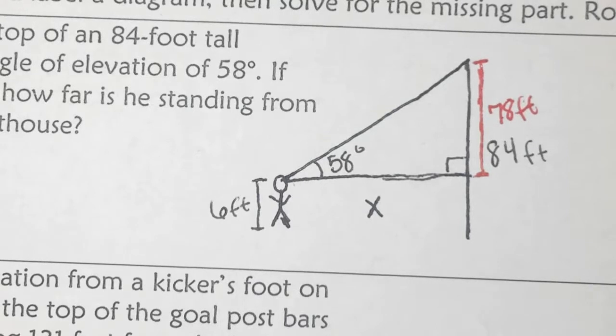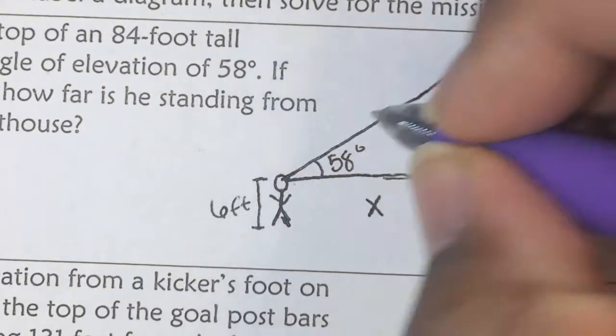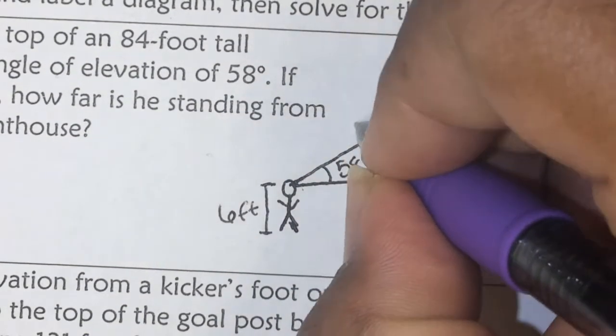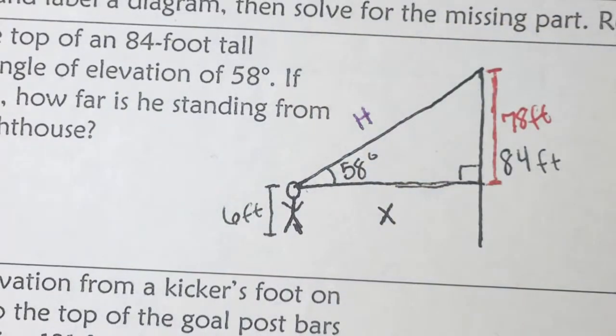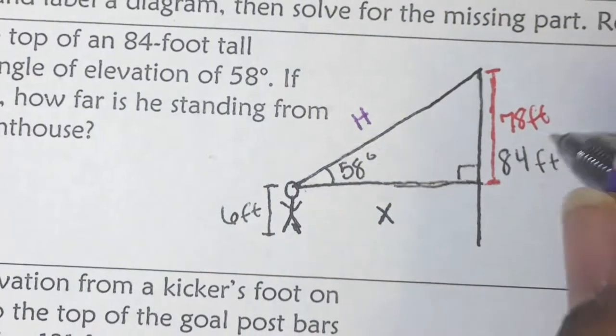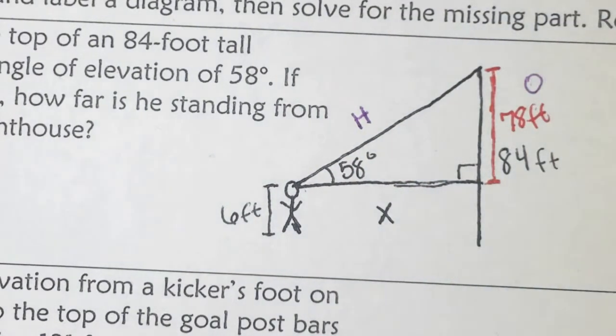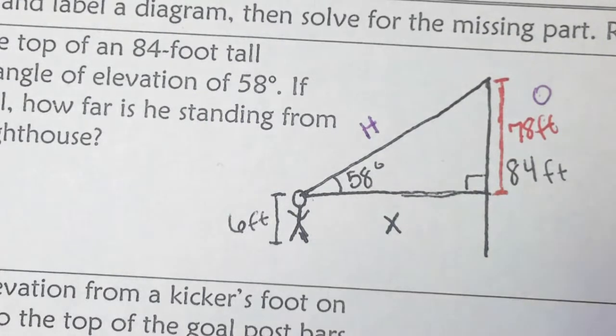The long line, the one that's like 35. We start with H. Yeah, that's my line. Yes. And then 78. And then 6.